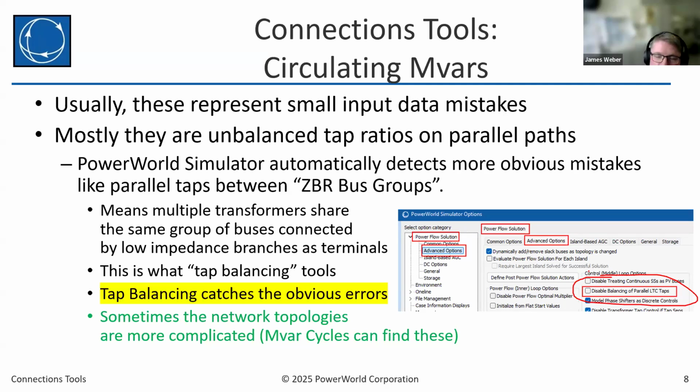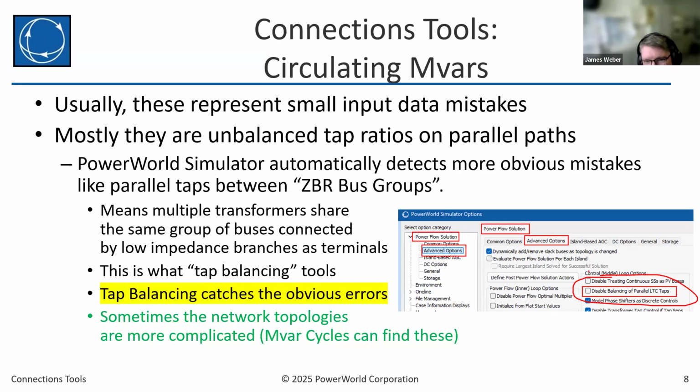We'll look for groups of buses that are connected by very low impedance branches. And then we'll look at those two groups and say, are there transformers between these groups whose taps are out of balance with each other? And if they're out of balance, you'll get vars that circle around, which we'll show in a second.